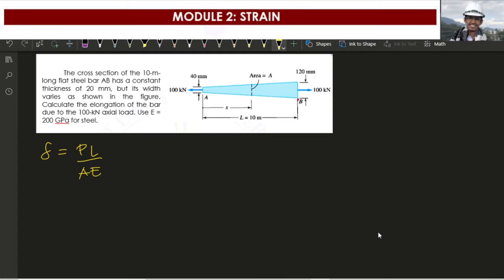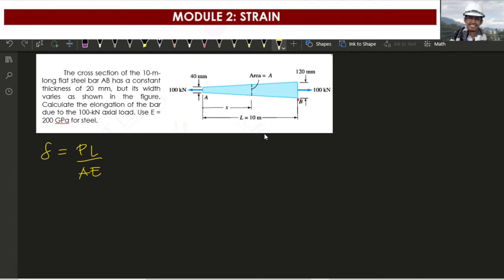Okay? And in this case, yung area natin is hindi siya constant. So, it varies all throughout the length. Okay? So, we can use yung algebra natin, no, in determining area. So, we can determine the area as a function of x. Okay?